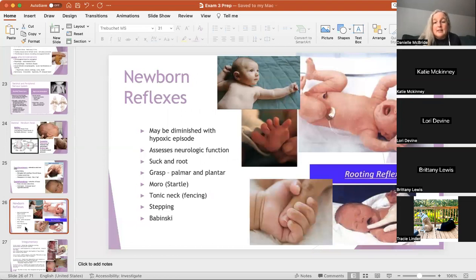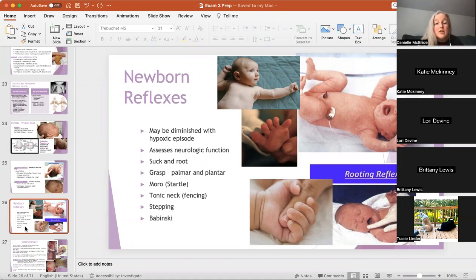Newborn reflexes. So we talked already about the startle or the Moro reflex. Okay. What is the purpose of assessing the reflexes? Make sure the nerves are intact. Okay. No injuries. Right. It gives us an idea of the neurologic function, right?